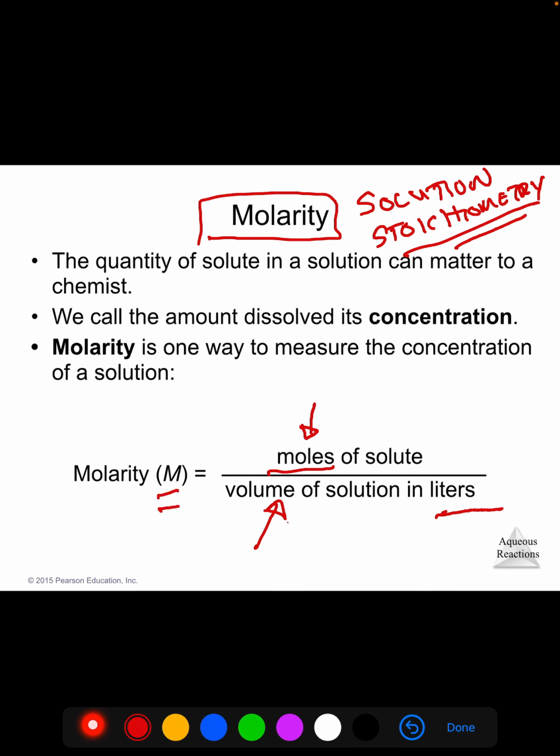Okay? And the amount dissolved is concentration. There are other ways to do concentration. Weight volume, 10 grams per liter. Okay? Weight, 10 grams per 100 grams of water.